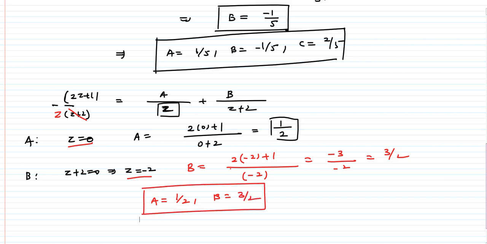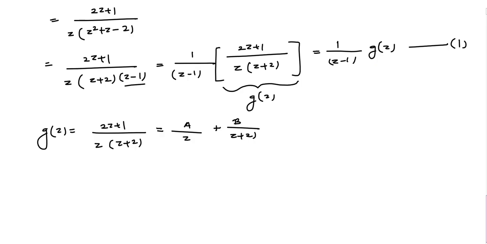So further, the value of a is 1 by 2 upon z, and the value of b is 3 by 2 upon z plus 2. But our given domain is 0 less than mod of z minus 1 less than 1.